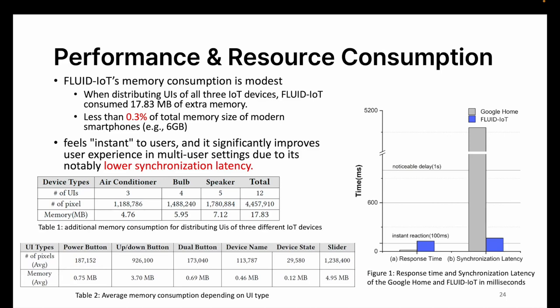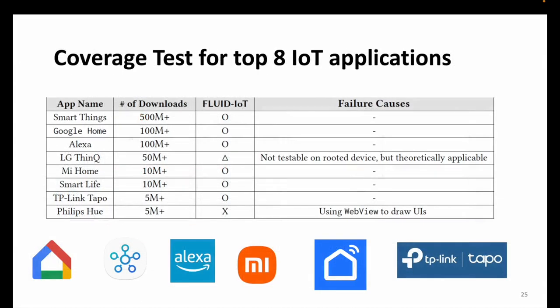And the system's responsiveness feels instant to users, significantly enhancing the user experience in multi-user settings. This improvement is largely due to the notably lower synchronization latency FLUID-IoT achieved. We tested the top 8 IoT apps from the Google Play Store. Our tests showed that FLUID-IoT works effectively with most of these apps.